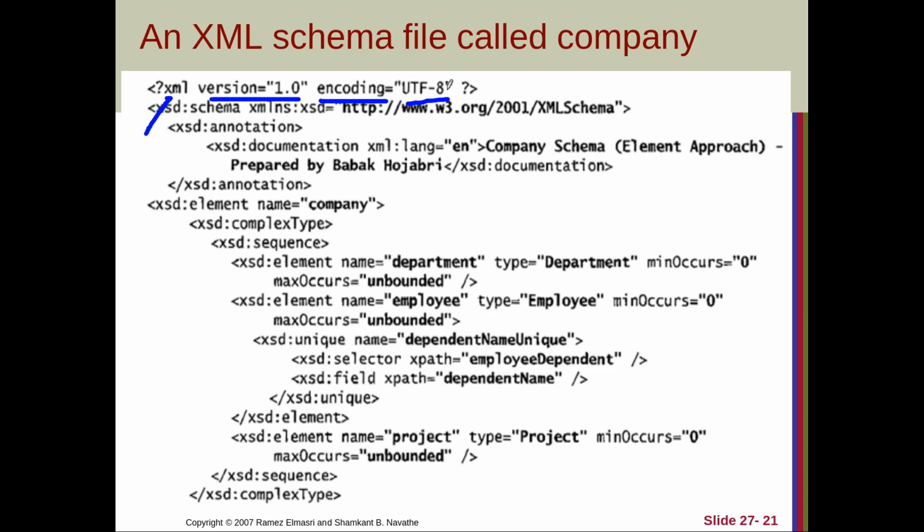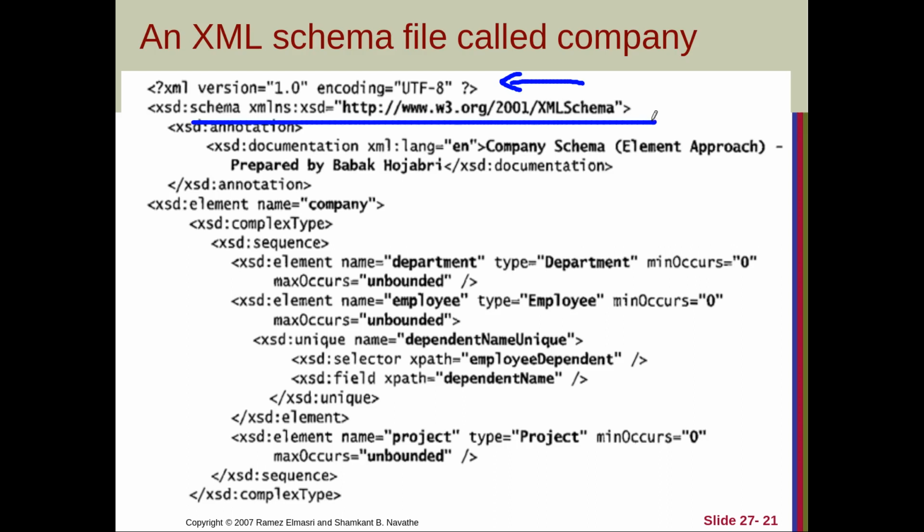If you want standalone, we can use standalone equal to yes. So this is the first statement, that is the XML declaration itself. The next statement is very important.